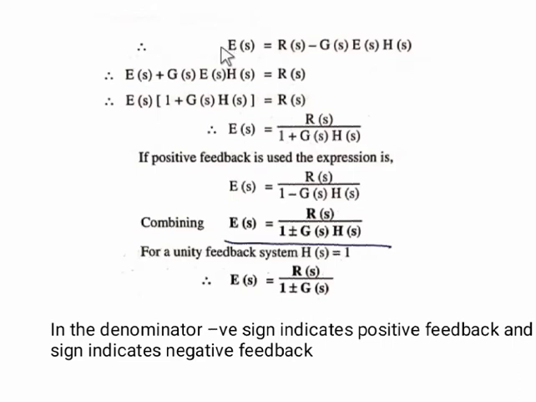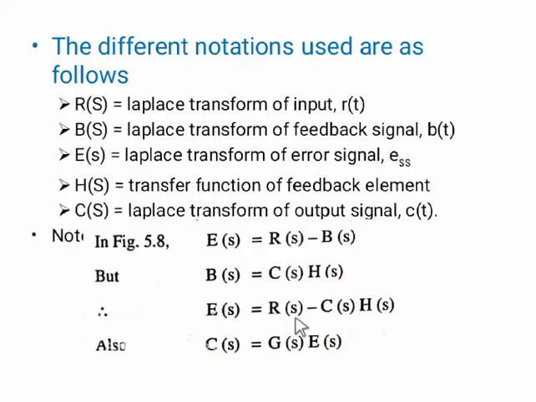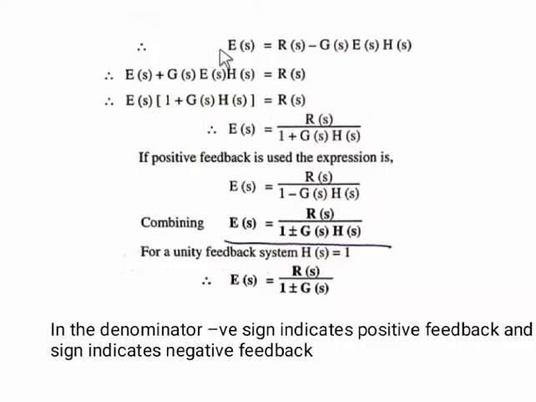So E(s) equals R(s) minus C(s) into H(s), but C(s) equals G(s) E(s). So E(s) equals R(s) minus G(s) E(s) H(s). If we rearrange this equation, we move these terms from the left side to the right side of the equal sign, and it becomes plus.